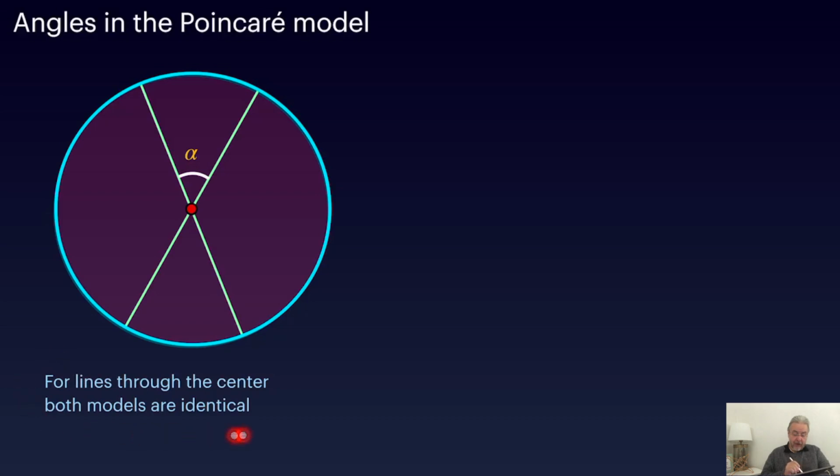First of all, for this situation, both models are identical, and in an earlier lecture I proved that if you have lines through the center in the Beltrami Klein model, then the angle you get between the lines, the hyperbolic angle, is just the Euclidean angle you see here. So you can take your usual Euclidean angle measurement tool for this special situation where you really have two lines passing through the center and measure this angle, and this really is the hyperbolic angle.